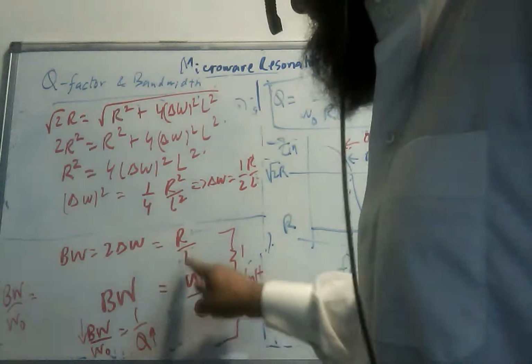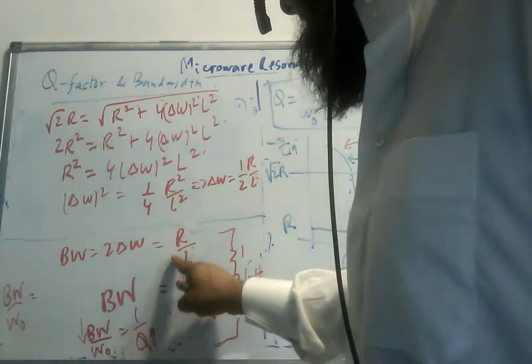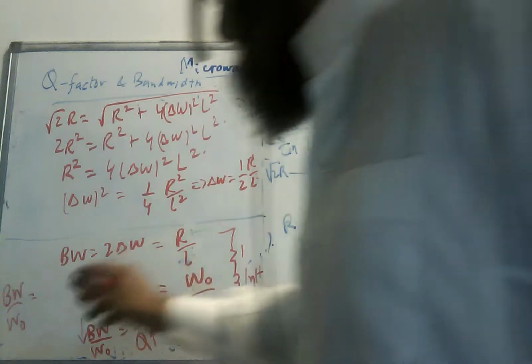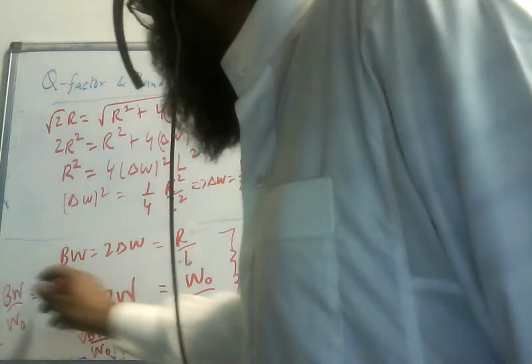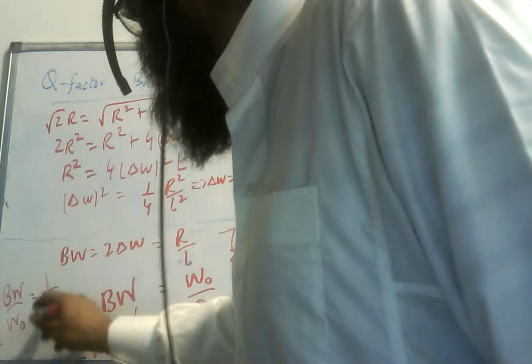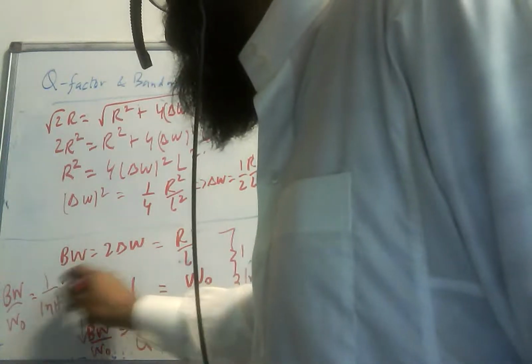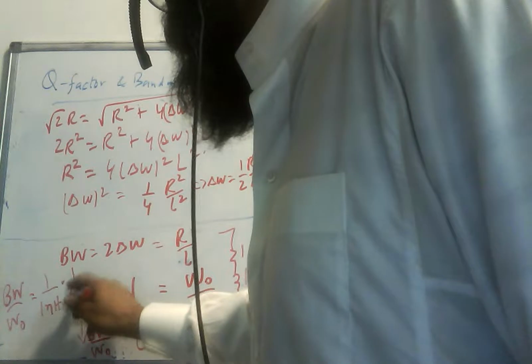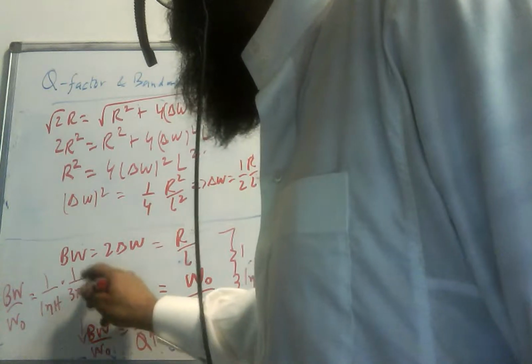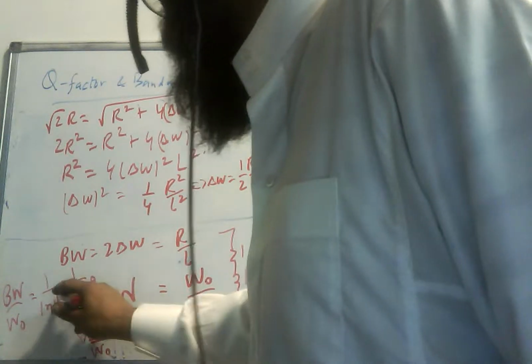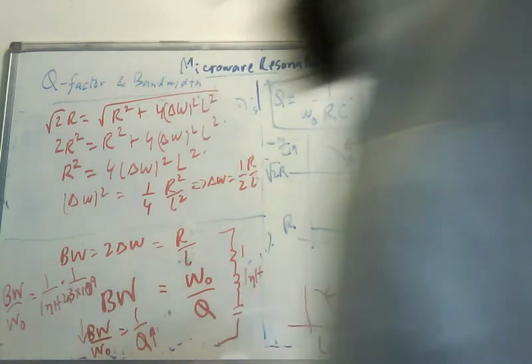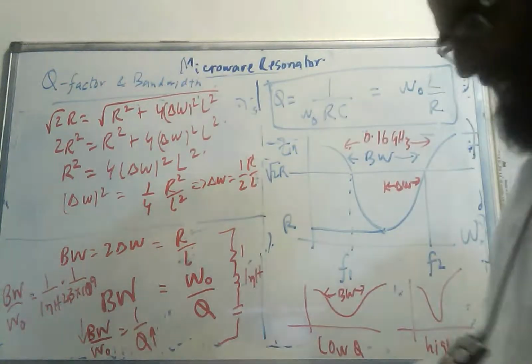So R over L, let us calculate that. So 1 over 1 nanohenry, and the resonant frequency was 3 multiplied by 10 raised to the power 9. Omega naught is 2 pi into that.